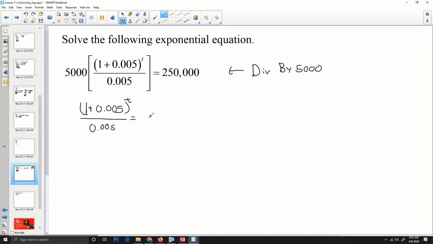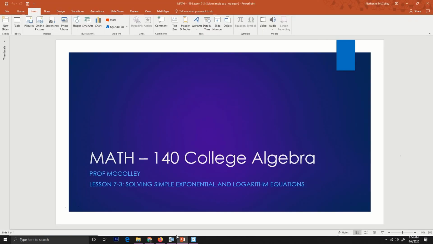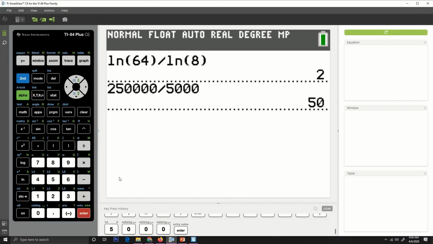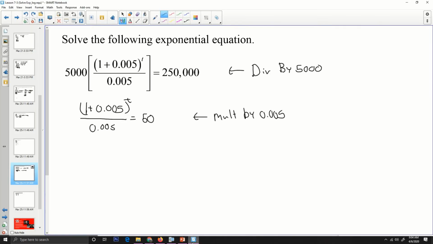All right, so I've got 50 there, and so I'm going to multiply that times 0.005. Oops, I think I have too many zeros. Yep, I got one too many zeros.